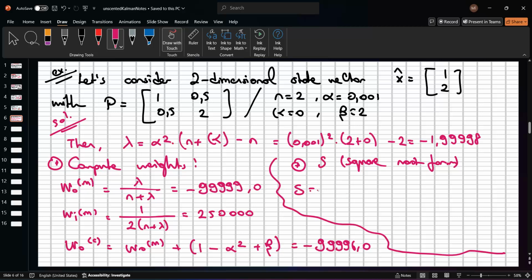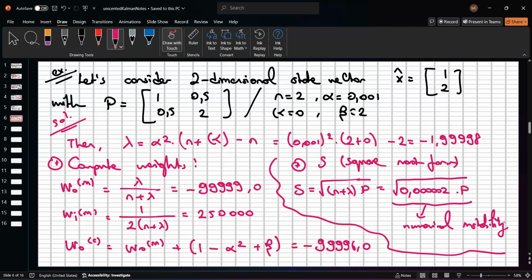S is equal to n plus lambda times P, which is equal to 0.00002 times P. This indicates that this value is too small, and this is the covariance matrix of our error matrix, and so this gives us numerical instability, because if we take the inverse of this S, this gives us numerical instability conditions. This could be infinity values in here.